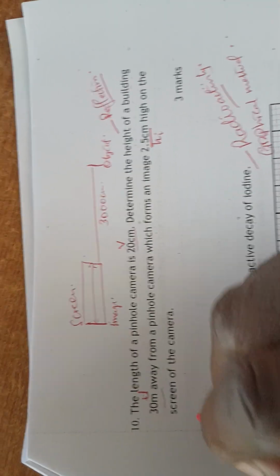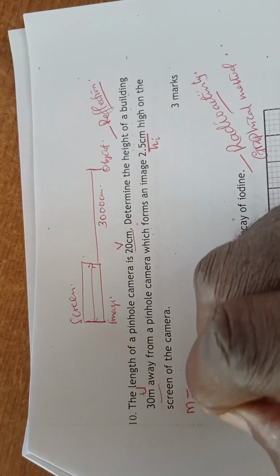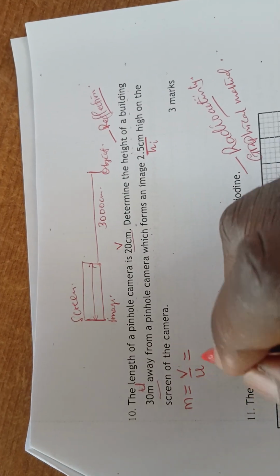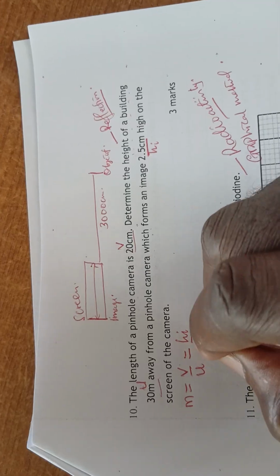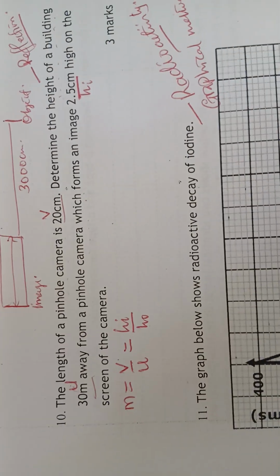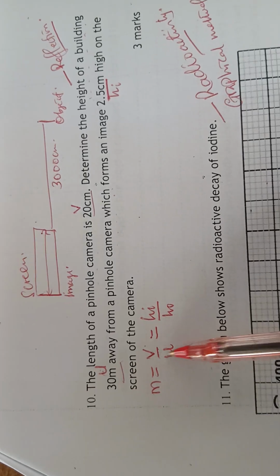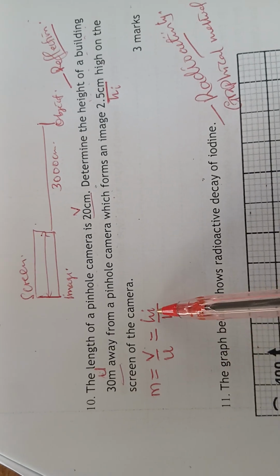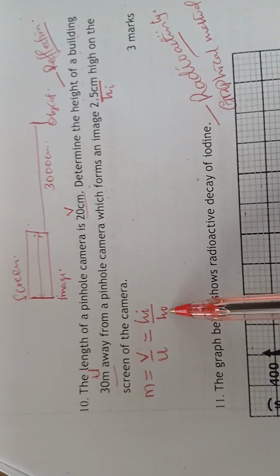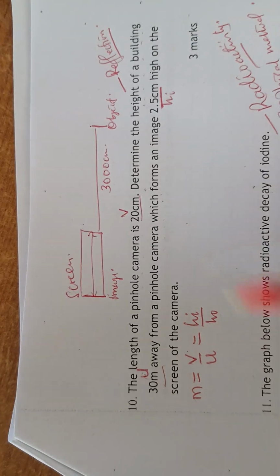So we know that linear magnification m is given as v over u, which should also be equal to the height of the image over the height of the object. The image distance over the object distance should be equal to the height of the image to the height of the object.